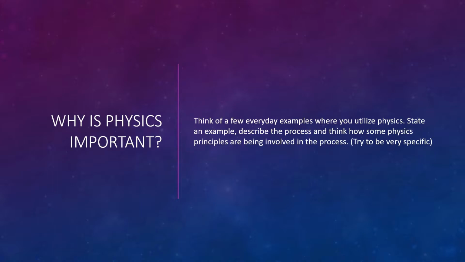But what I want you to do is take a few everyday examples, list the different processes that are going on and what branch of physics might be involved, right? Try to be specific. Try to list as many as you can. You've got about 5 minutes to do it. This is your activity, and this will go into your daily activity workbook.